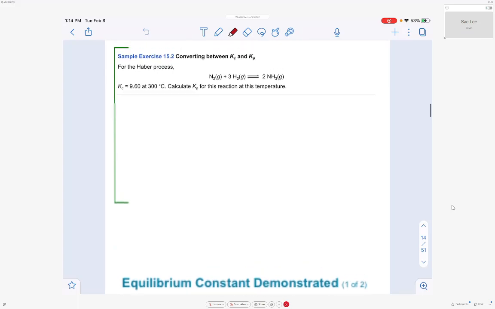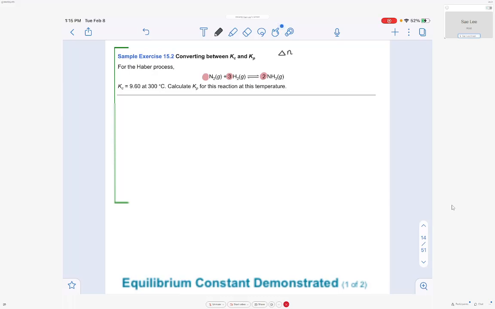Okay, so for this Haber process, we are provided the mole information. The reactant side has coefficients of 1 and 3, and the product has a coefficient of 2. Using this information, we can easily find the change in mole.